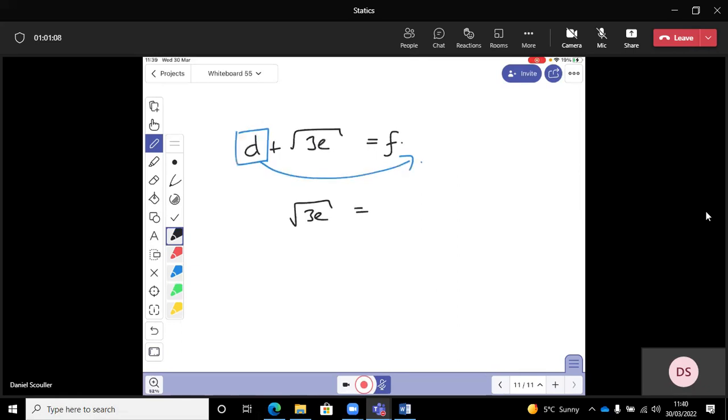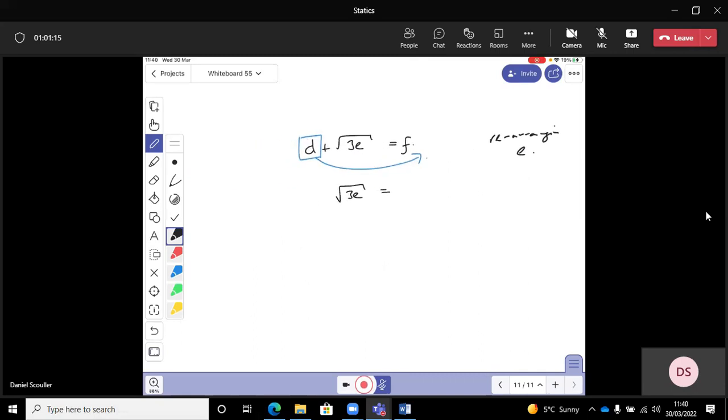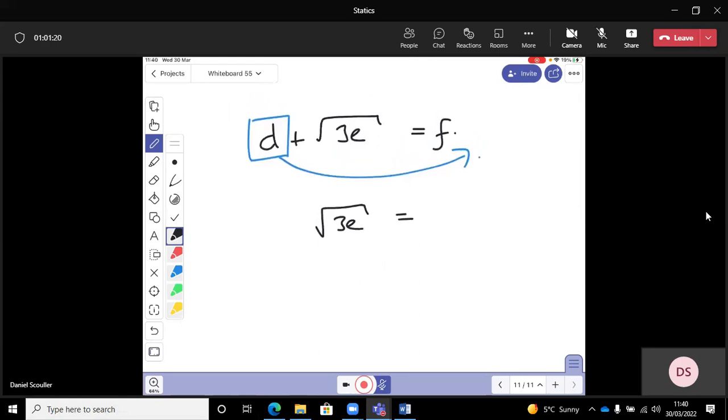Oh, sorry. Start off, we're rearranging for E. So we want E left on its own on the left hand side. So D moves across, F minus D. We need to then get rid of this root and move that across. When we're moving that across, it squares everything over on the right hand side.